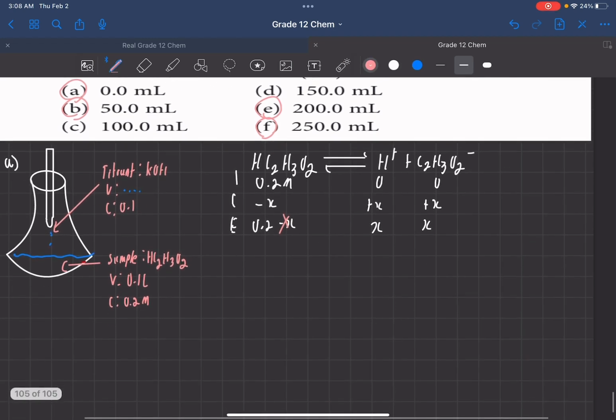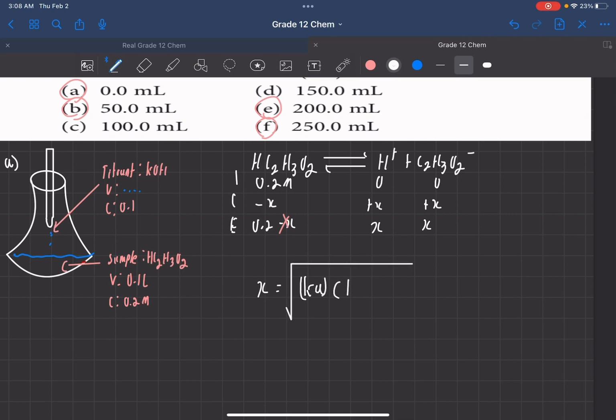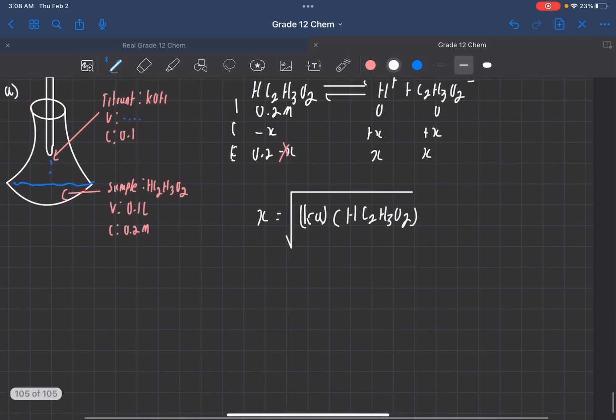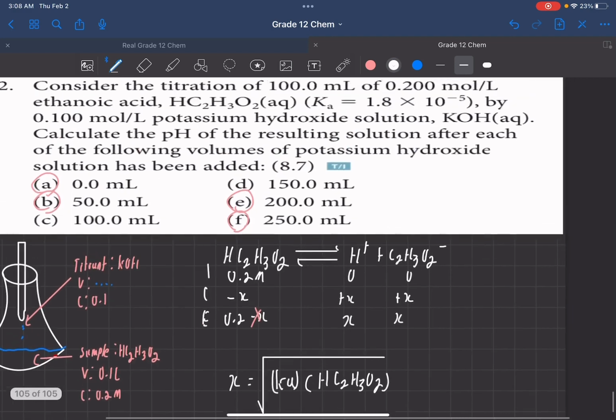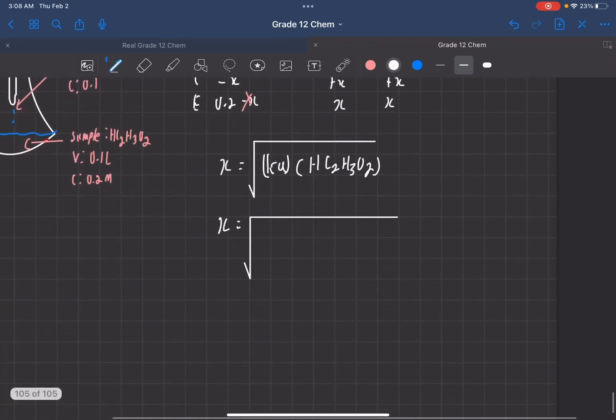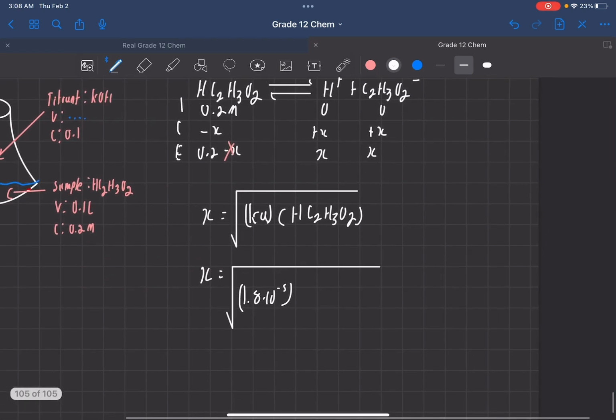If we rearrange the equation, X equals the root of Ka times the ethanoic acid concentration, so X equals the root of 1.8 times 10 to the negative 5 times 0.2.